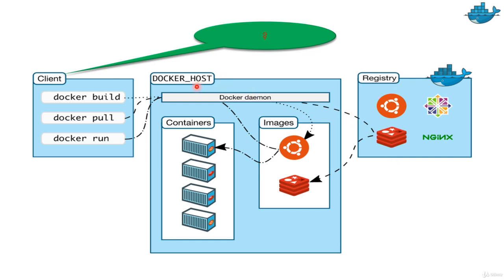The Docker daemon is an application which takes care of the entire Docker: containers, images, and registry. It's a kind of daemon thread, which is located in the Docker Hub.